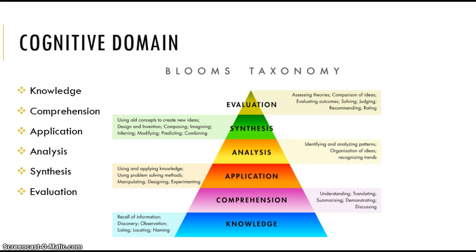The third is application, or being able to use and apply previously learned information in new situations. The fourth is analysis, which is breaking down information and examining material in order to understand the organizational structure of the information. Here, the student can identify motives or causes, make inferences, and find evidence to support generalizations.